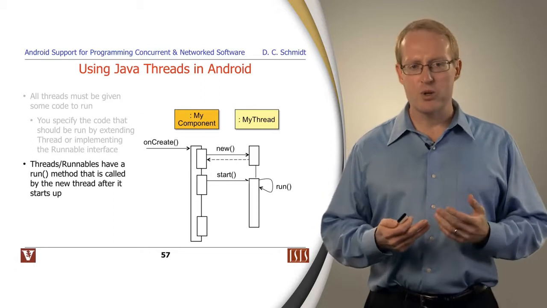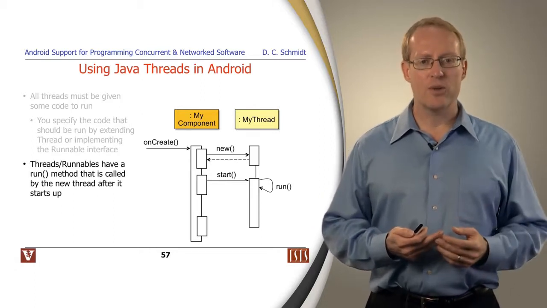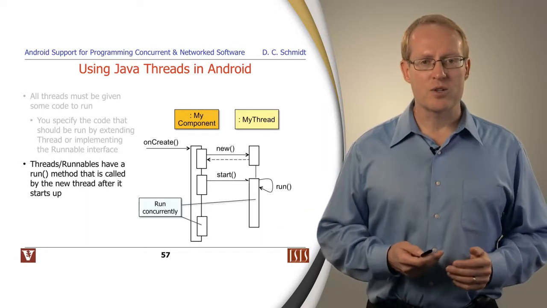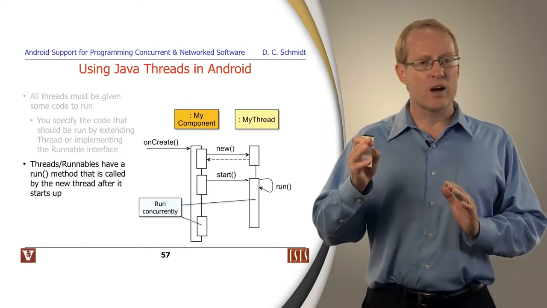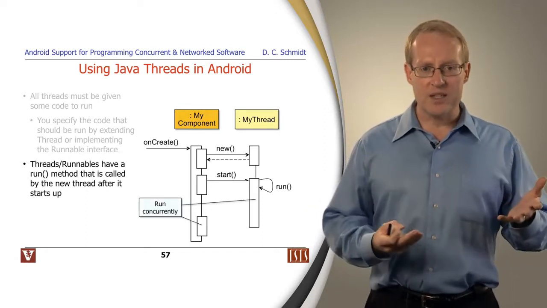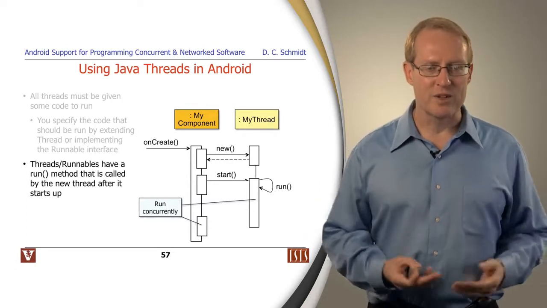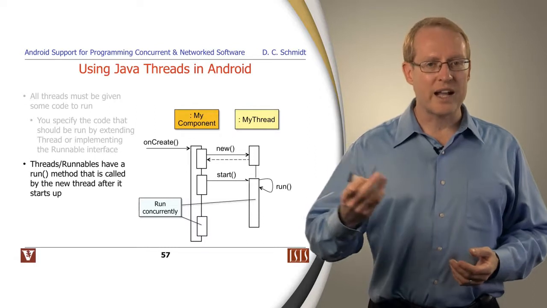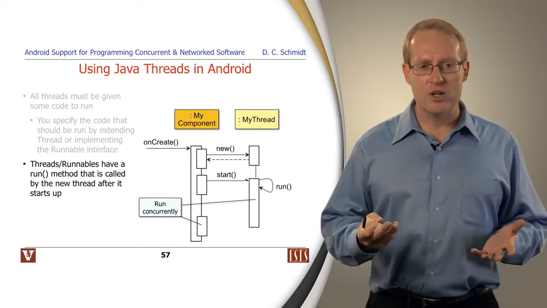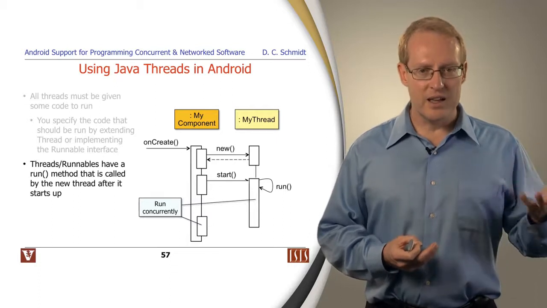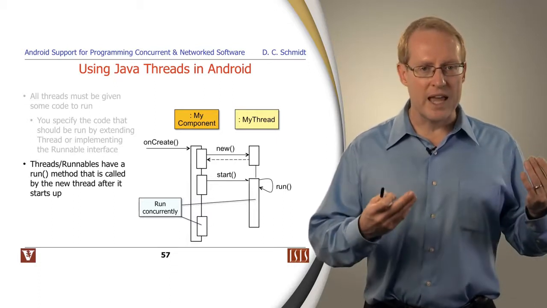What will happen there is you typically allocate a new thread, you call start, and then the run method starts to run. That run method can run concurrently with other things that the thread that called it may choose to do. And they can do a whole variety of different kinds of things. One could be blocking, doing network communication or accessing files. The other could be sitting and taking events off of the event loop and displaying them, and so on.